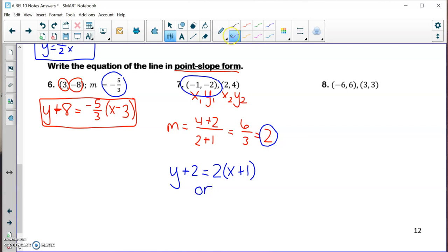Or if you chose to use the second point, your equation would be y minus the y value of 4 is equal to your slope times x minus the x value of 2. Both of these equations are correct equations in point slope form for this line. And you don't need to write down both. I just want one, and it doesn't matter which one you write.